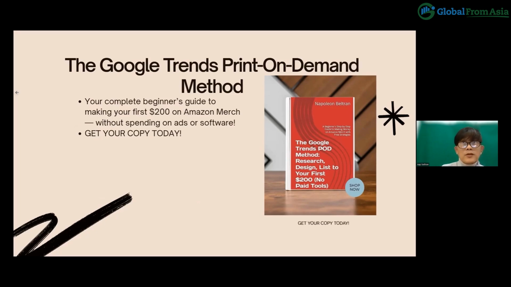So with Google Trends, you can just go to the website, trends.google.com, and start with a simple phrase like t-shirt. It would show you what kind of t-shirts people are looking for, especially in the US.